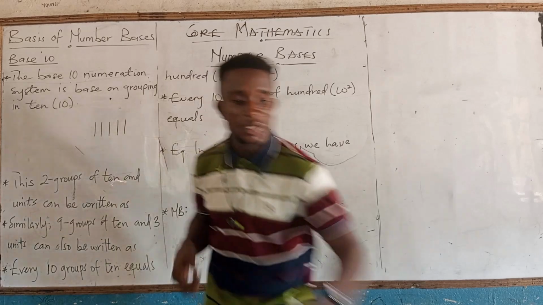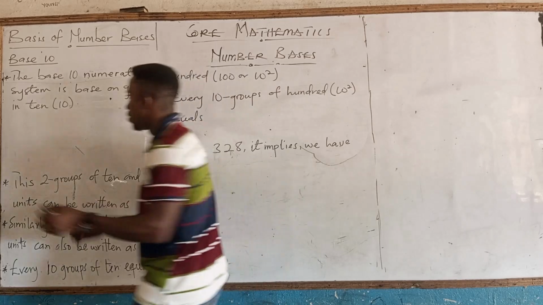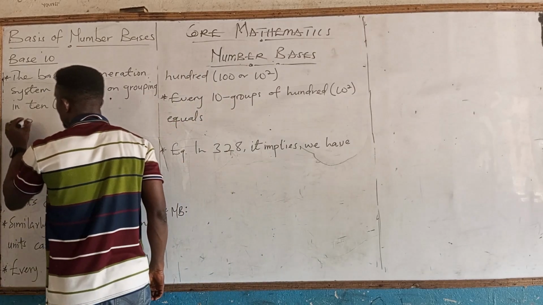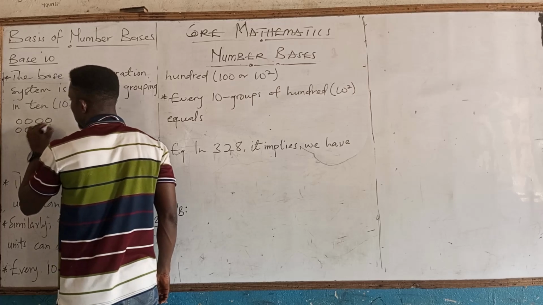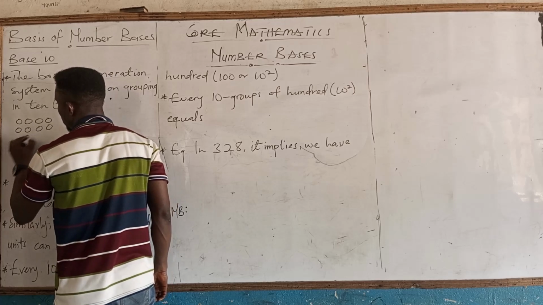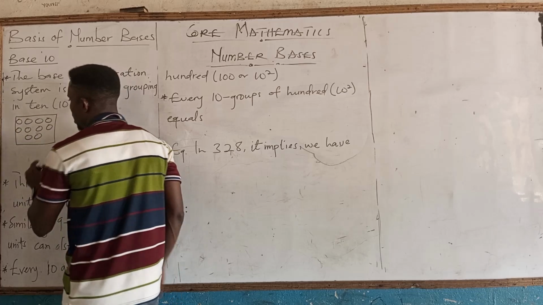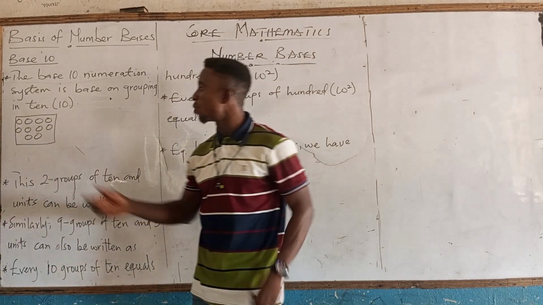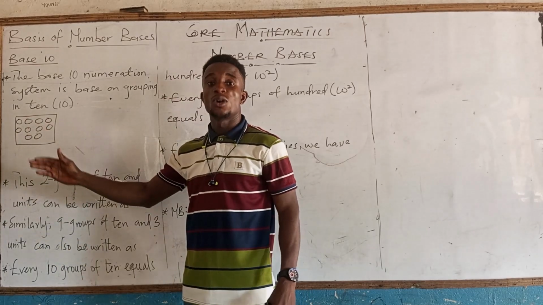Okay, so let's see some examples. Let's imagine we have 1, 2, 3, 4, 5, 6, 7, 8, then 9 and 10. And this one forms a bundle, because we have 10 units of circles, or let's say balls.